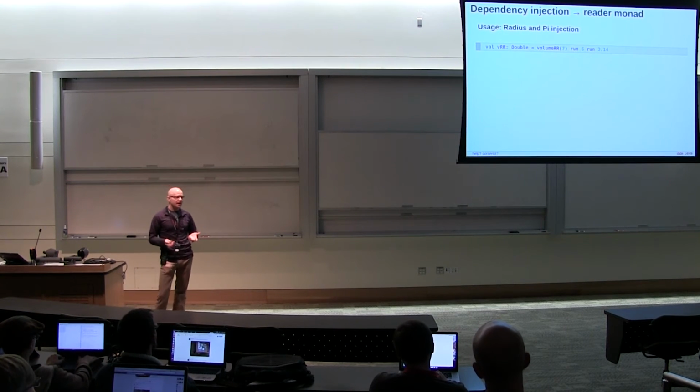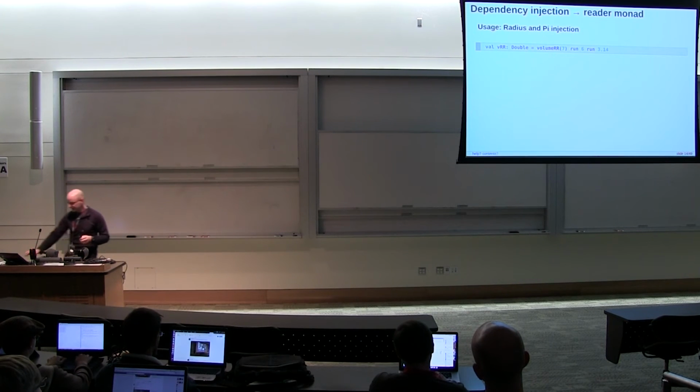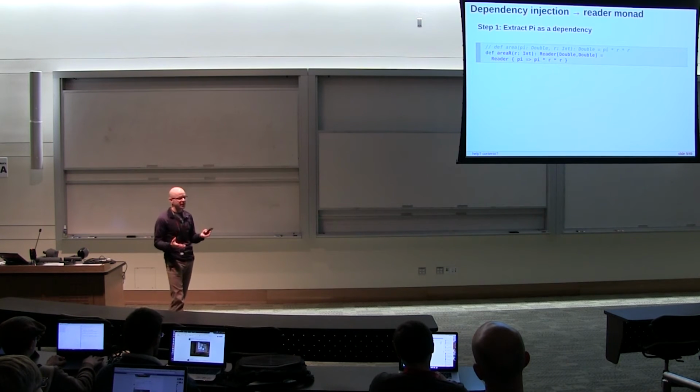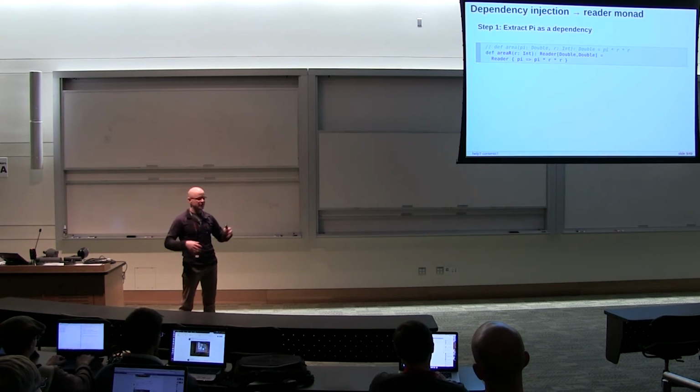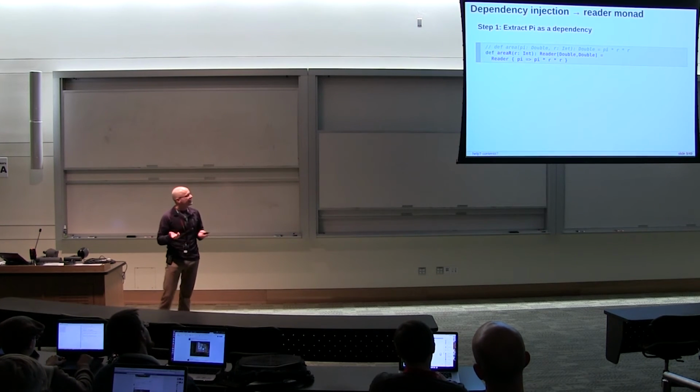So, I mean, it's not a bad approach necessarily, but now instead of having these very nice specific implementations, like area depends just on pi, this would become something that depends on your big configuration object, and then it would have to know how to pull pi out of that. So it's kind of a drag.